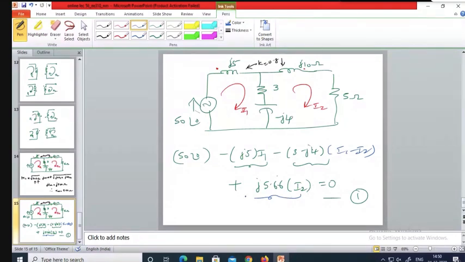If you simplify it, you will get one equation.